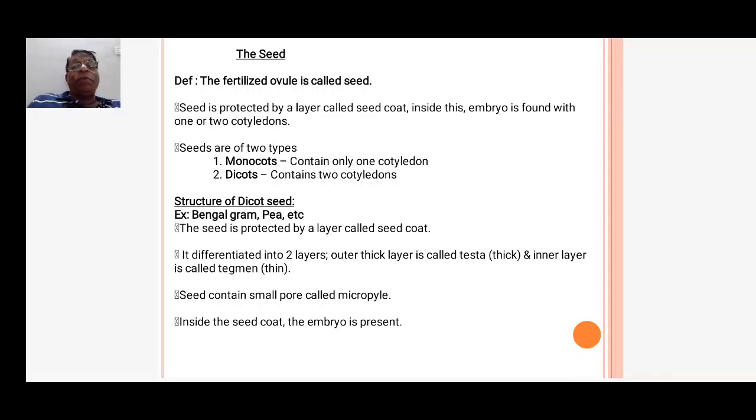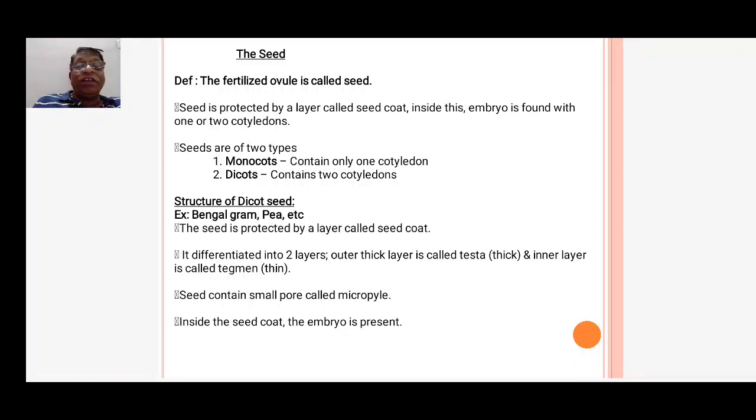If you examine the bean seed, the seed at the side, bean seed is kidney shaped. At one side there is white structure we call raphe, and there is a small opening called micropyle.